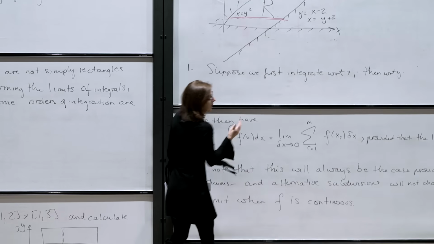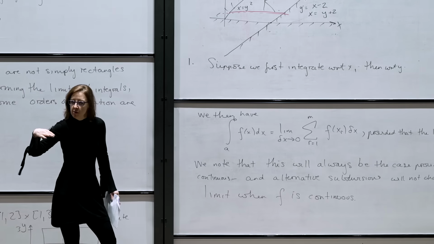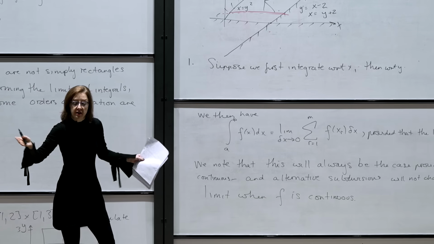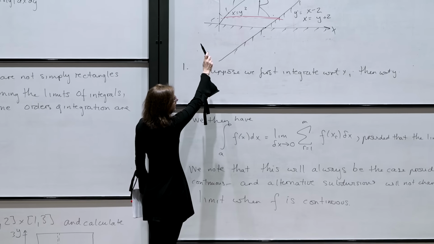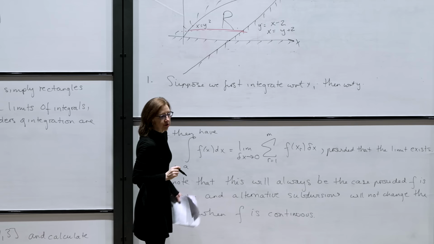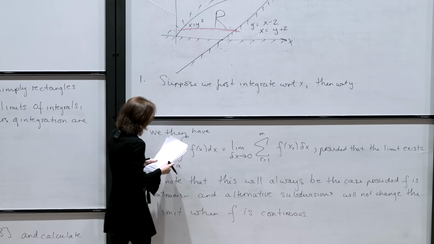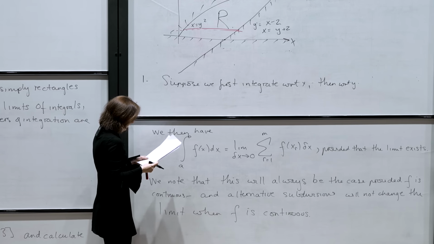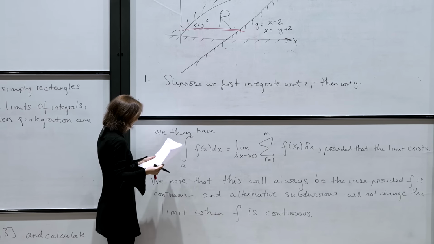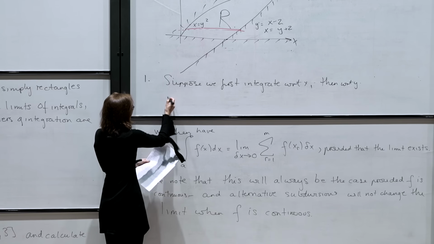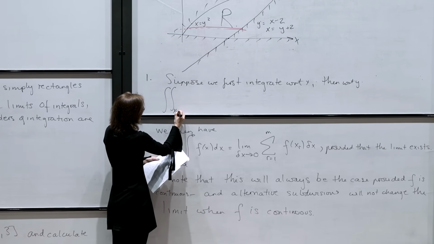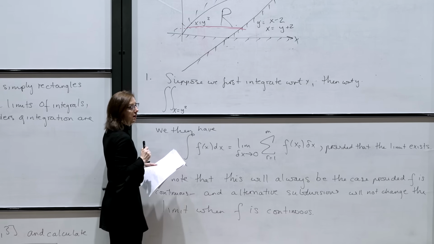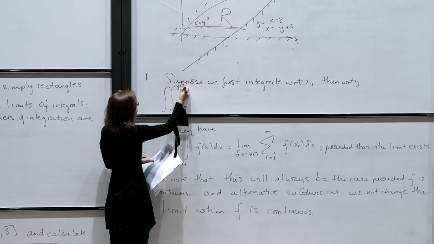The way to think about this is you're fixing y, it's just become a number, and you're asking what values x goes between. The lower limit is y squared, and the upper limit is y plus 2. Having defined that, we end up with the area being the integral from x equals y squared to x equals y plus 2.